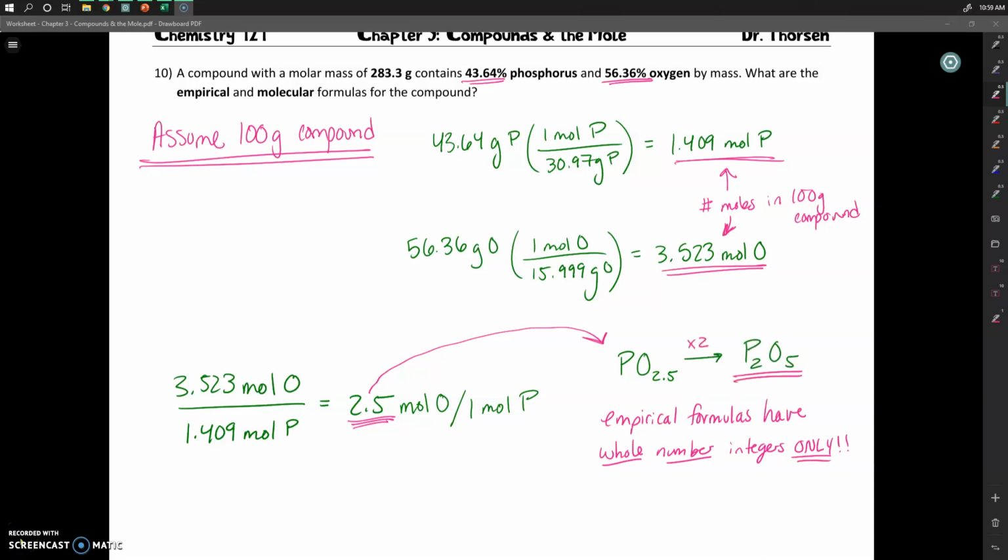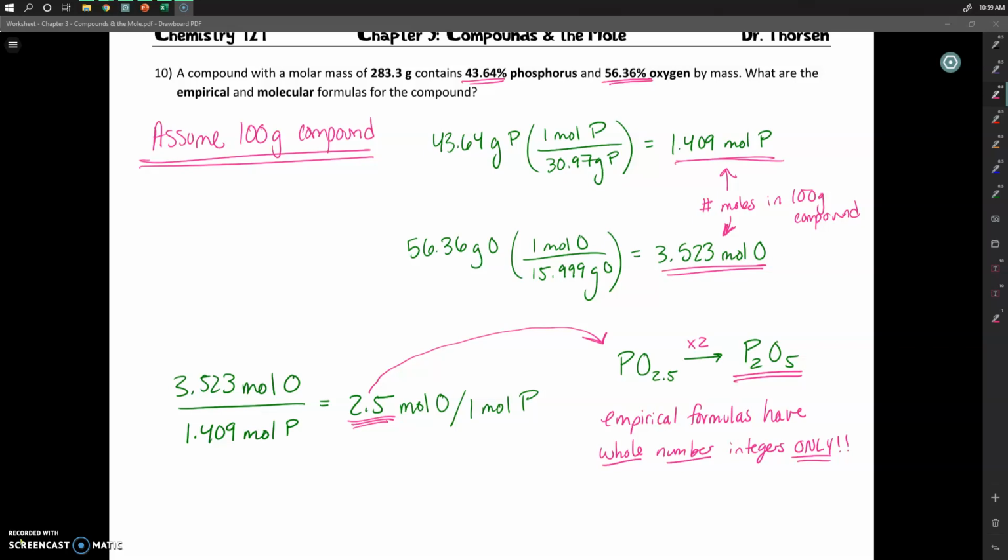And the way that you get a 0.5 value to a whole number is to multiply by 2. So anytime you get a ratio with a 0.5 value or something very close to 0.5, this could be like 0.4999 or even 0.489, something that's close to 0.5, you know that multiplying by 2 will get you to a whole number. So that is why I'm multiplying by 2 here, because I have this 0.5 value for the oxygen.